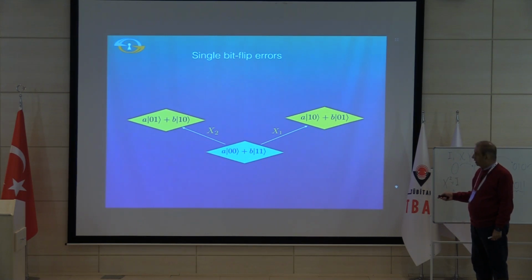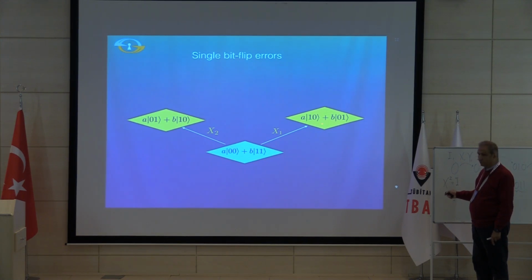If the second bit flip occurs, then A000 becomes A010, the second bit, and B111 becomes B101. Right? Now, this state is orthogonal to this state. Anybody agrees? Anybody disagree? This state is orthogonal to this state. Do you agree?